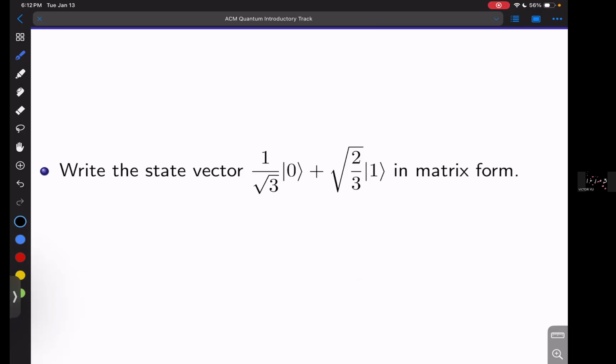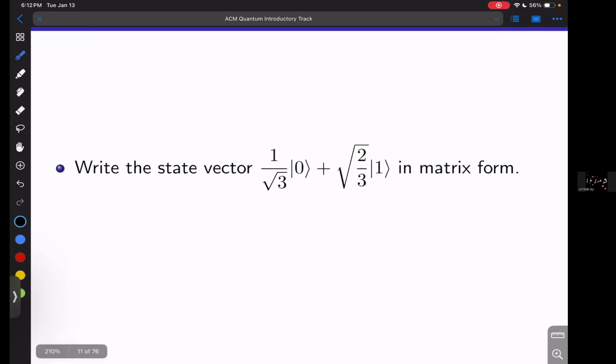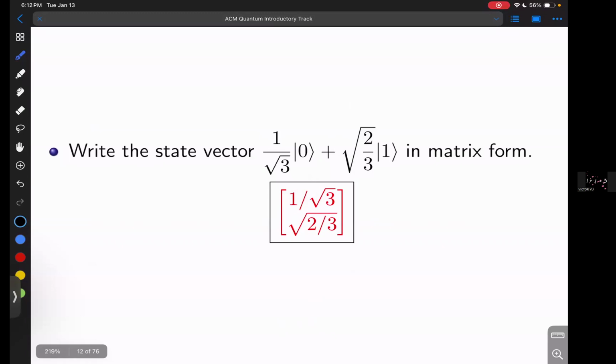Is the matrix form of ket 0 (0, 1) or (1, 0)? 0 is 1 in the first entry. Yeah. 1 over root 3, and the next entry would be square root of 2 over 3. Yeah, exactly. So it's just the coefficients in front of 0 and 1. The coefficient of 0 is in the first entry, and the coefficient of 1 is in the second entry. Good.